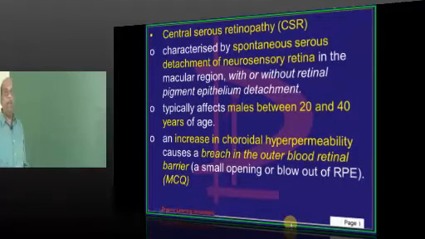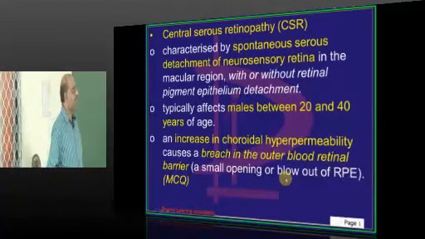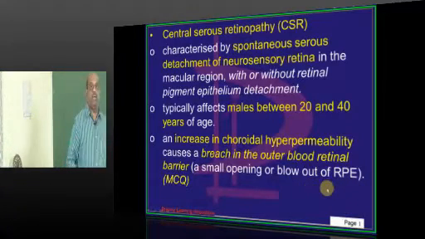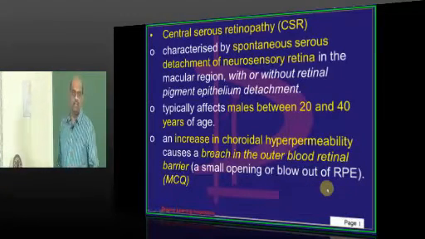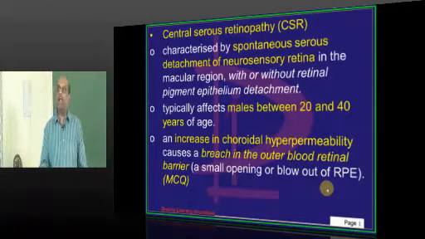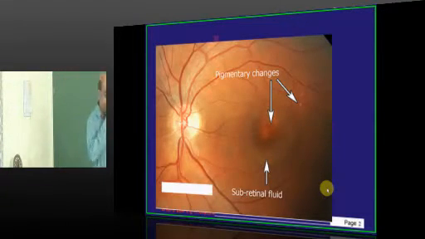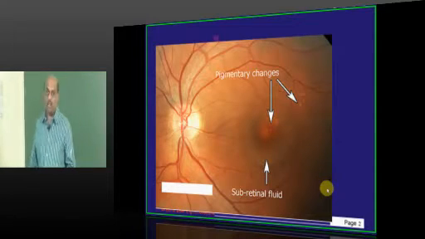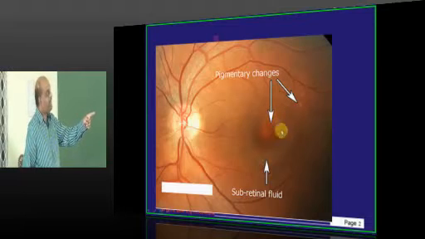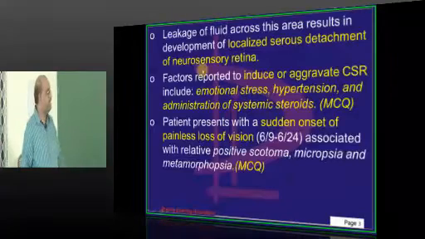Any choroidal hyperpermeability will lead to a breach in the outer blood retinal barrier, and that leads to seepage of fluid between the choroid and the retina, leading to the development of central serous retinopathy, is what needs to be remembered. So this is a typical subretinal fluid with pigmentary changes in the macular area, which is classical of central serous retinopathy.